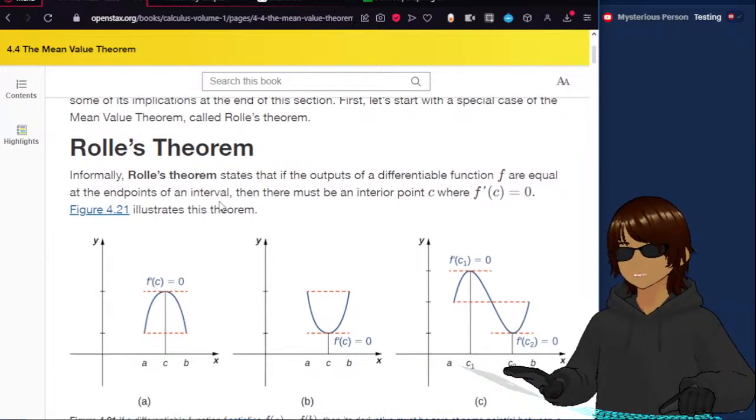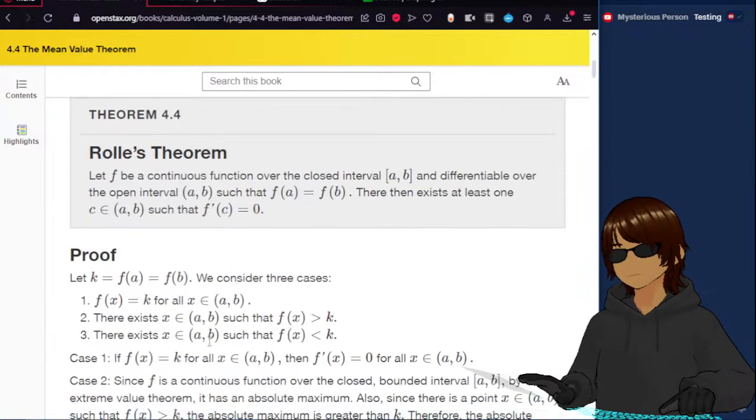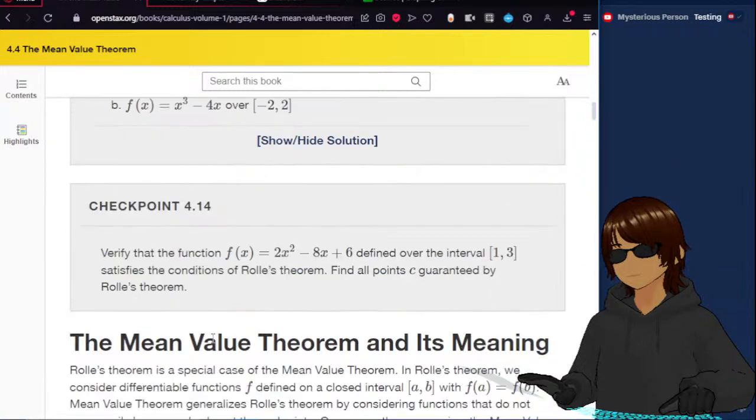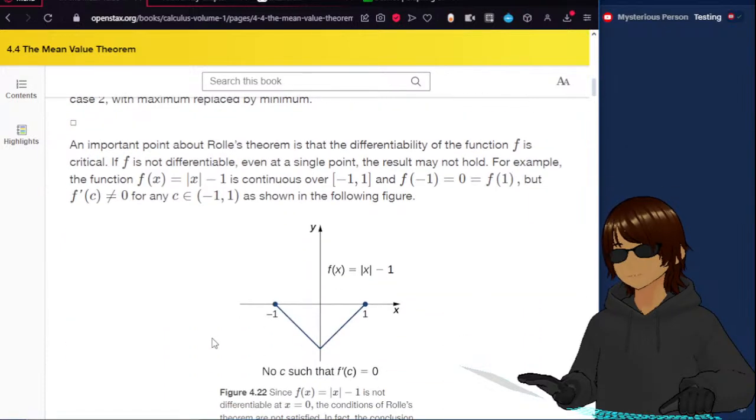Rolle's theorem states that if the outputs of a differentiable function are equal at the endpoints of an interval, there must be an interior point C where the derivative is 0. Okay, that makes sense. I guess that checks out. If f is not differentiable, even at a single point, the result may not hold.